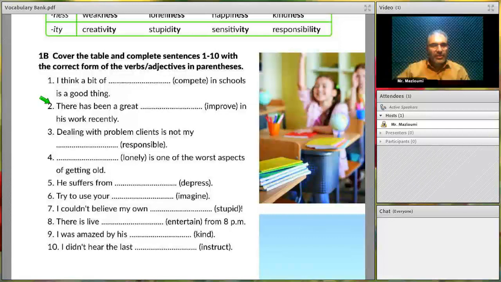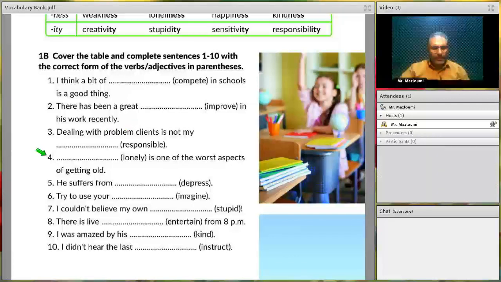There has been a great improvement in his work recently, lately. 3. Dealing with problem clients is not my responsibility. Client means customer. Problem client means clients whose behavior causes problems. We have problem students, problem children.